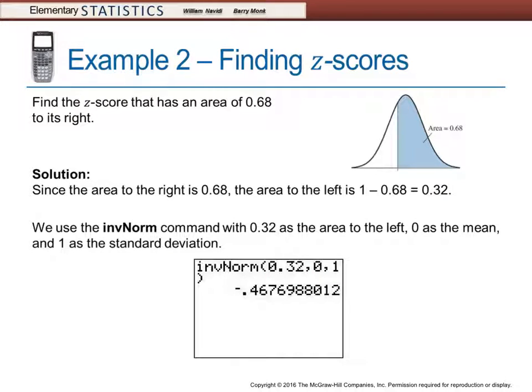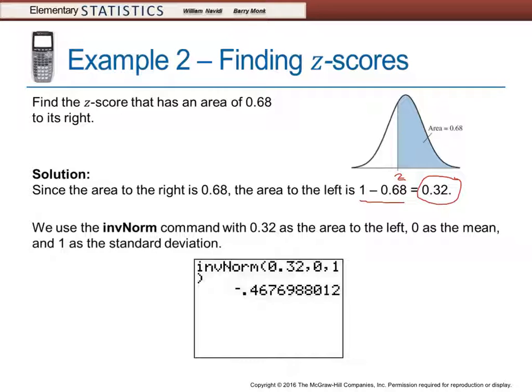So now we want to find the z-score for the probability where the area is equal to 0.68 to the right of z. So the solution is we take 1 minus 0.68. Since the calculator and the tables work the same way, we only get the area to the left for the inverse norm.